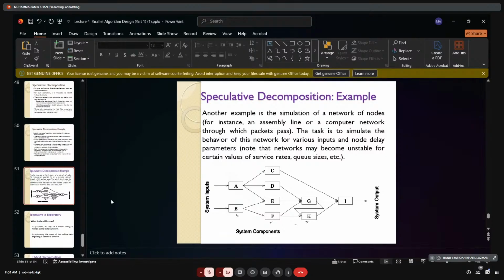Note that the network will become unstable for certain values of service rate and queue size. For example, we have packet A and packet B as input, and in between we have routers and devices. A can be routed from C directly to I, and then D to G or I. It depends. If there is congestion on the C side, the packet must be routed via D, G, I.